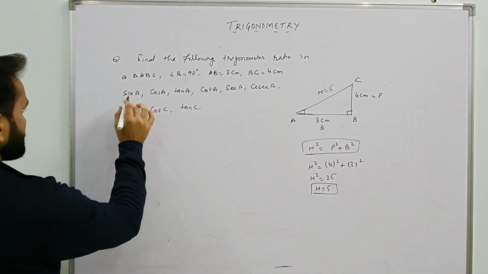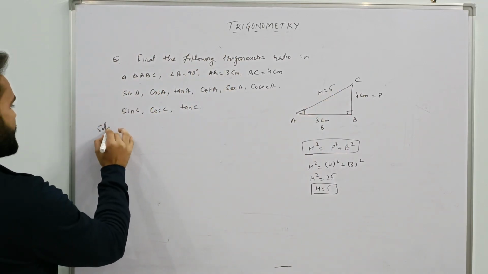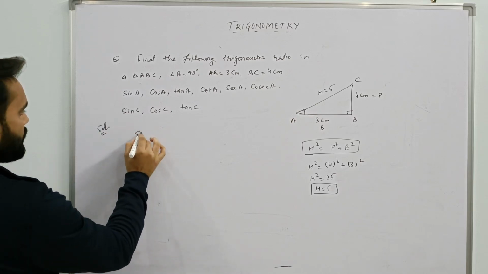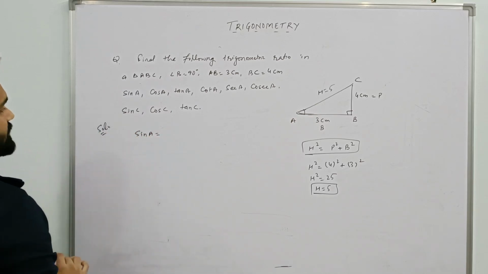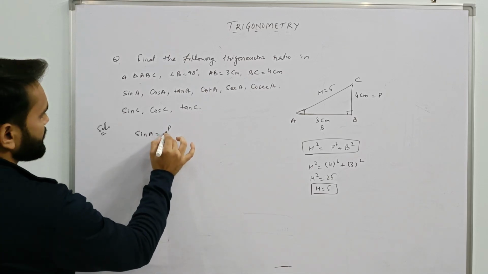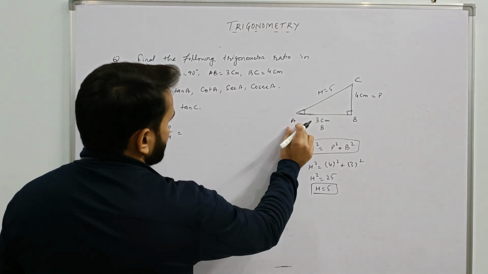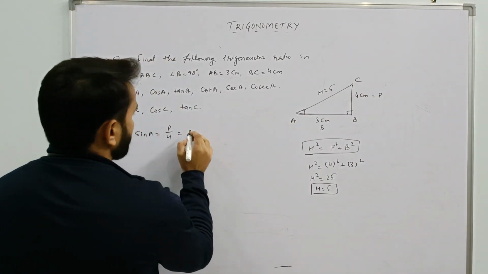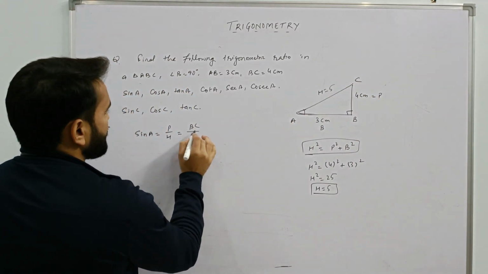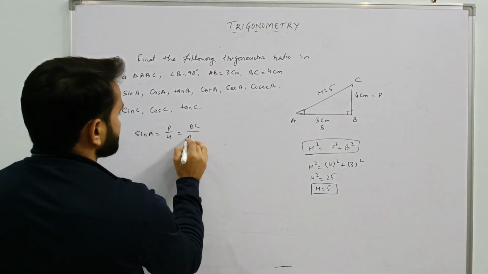Now let us find sine of A. So sine of A, we know that sine is equal to perpendicular upon hypotenuse. So here for this angle A, perpendicular is BC, that is BC upon hypotenuse is AC.